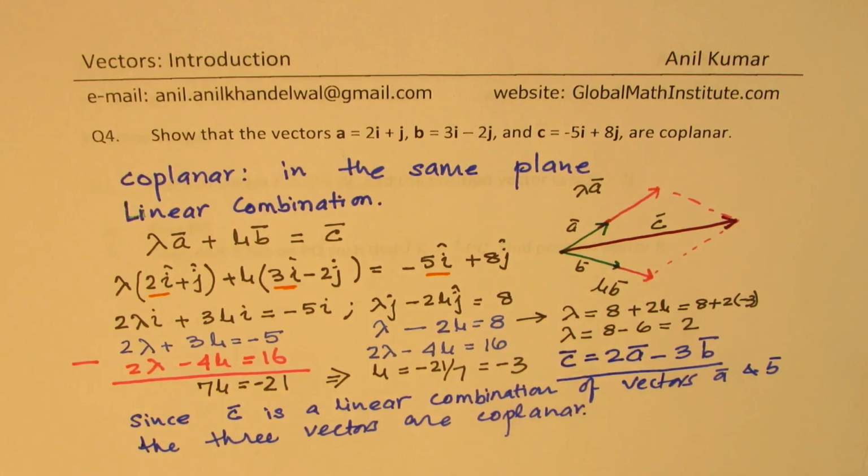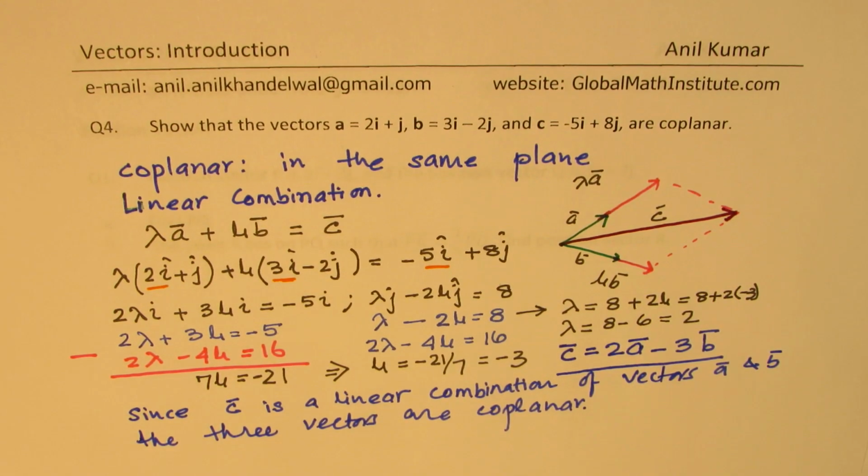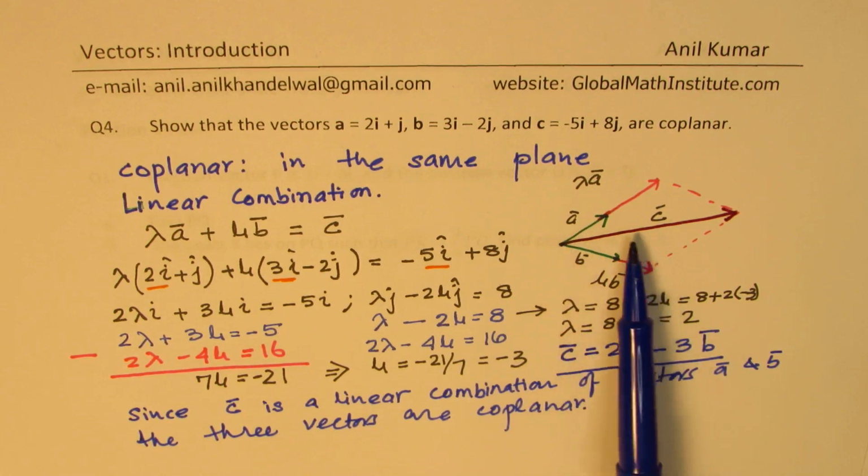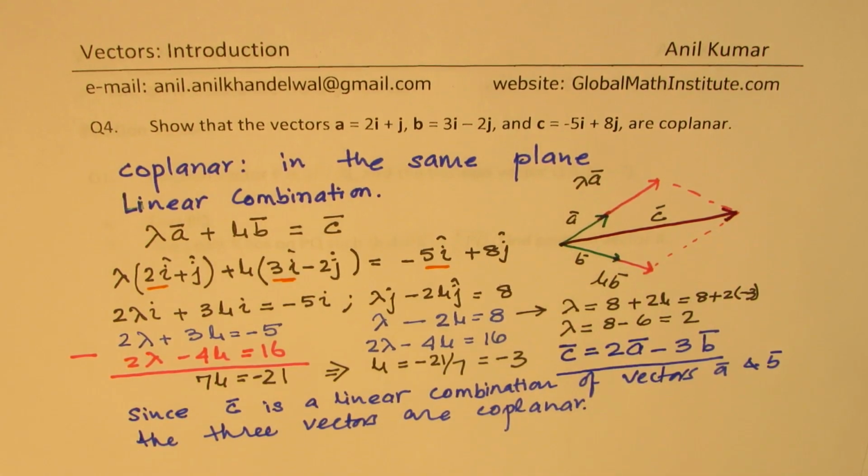Is that clear? Now this is a very important concept. Good recap on vectors. Have a good look at what we did. We wrote vector C as a combination of A and B, and we found those two constants which when multiplied to A and B could give a resultant as C, right? So that is how we will find or prove that the three vectors are coplanar.